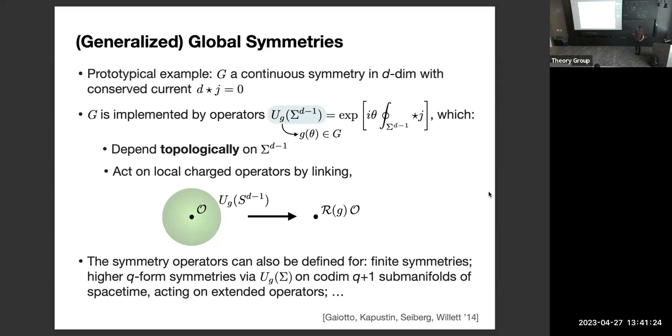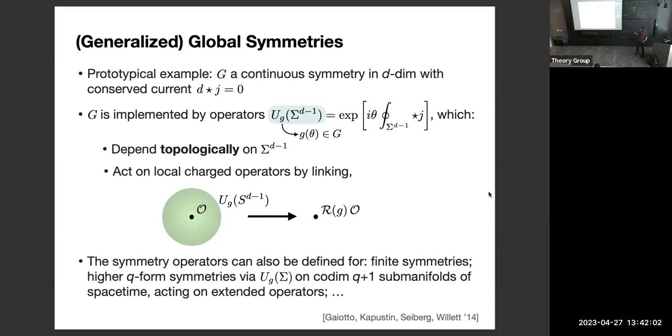Like I said, the main motivation for rephrasing what we know about global symmetries in this operator defect language is that it lends itself very nicely to generalizations. Firstly, I've written some explicit formulas here for continuous global symmetries, but these symmetry operators can also be defined for finite symmetries, even when I don't have this conserved current to fall back on. Also, they can be defined for higher form symmetries.